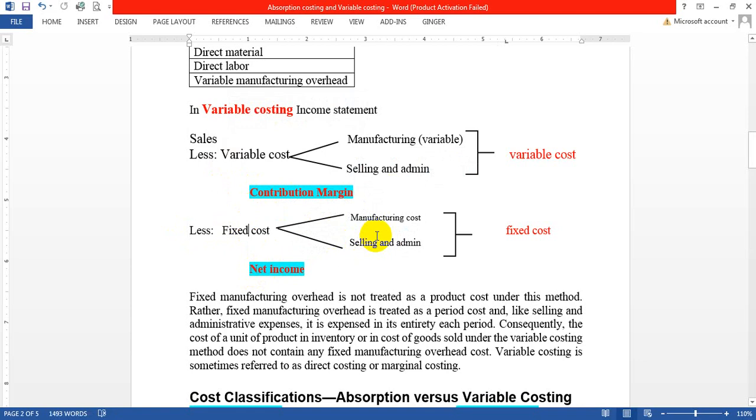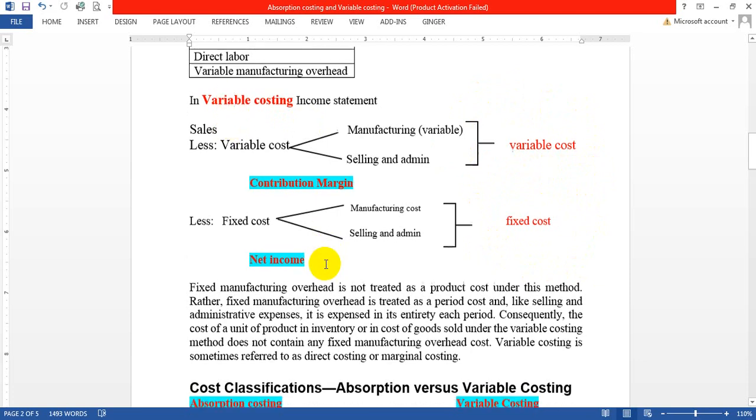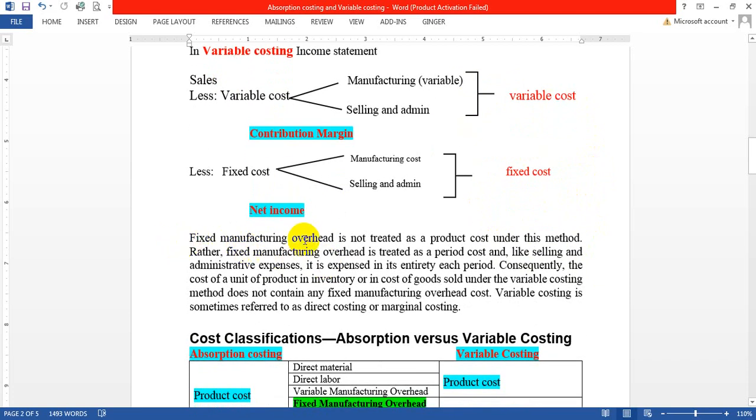What is my fixed cost? The fixed manufacturing cost and fixed selling and admin cost. So the variable costing method is focused on cost behavior. It emphasizes cost behavior and segregates the variable cost as well as the fixed cost. Fixed manufacturing overhead is not treated as a product cost.